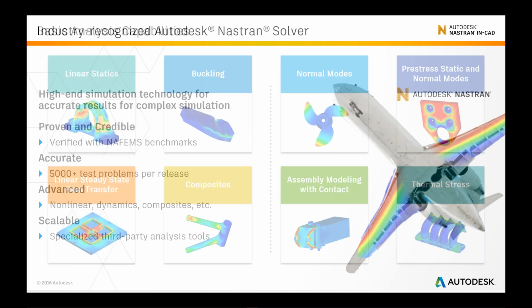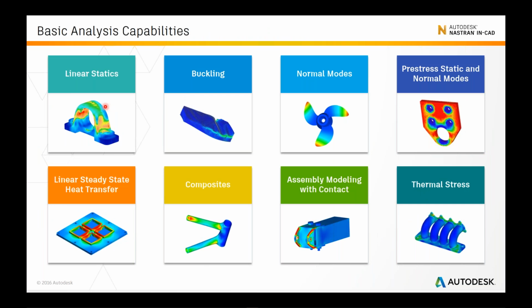So I talk about Nastran In-CAD a lot. Now, what are the capabilities it can do? First, I want to show you the basic analysis capabilities. It starts with linear static, buckling, normal modes, pre-stressed static and normal modes, linear steady state heat transfer, composite, assembly modeling with contacts, and thermal stress. We call this the basic analysis capabilities.